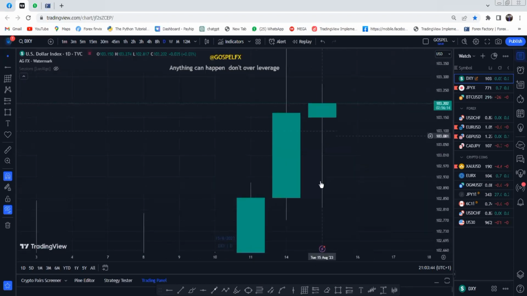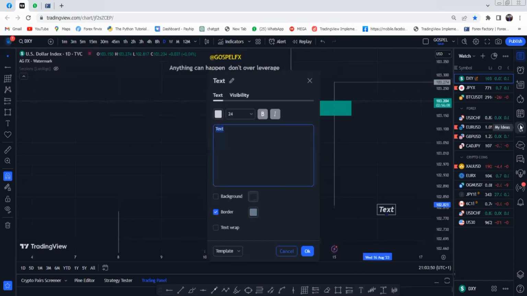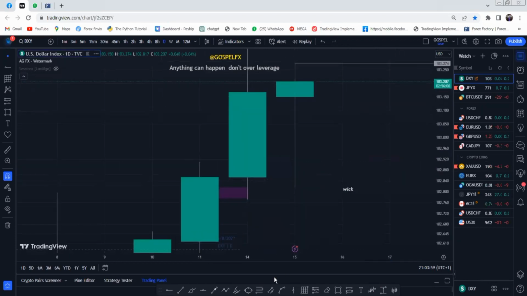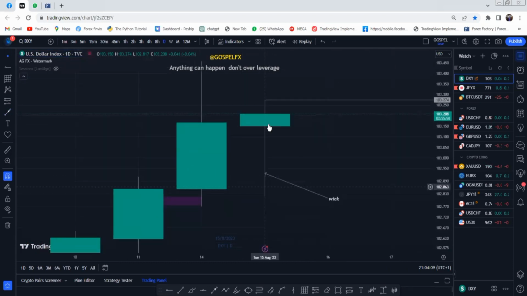Now you will see this white line here. It is called a wick. Let's make it a bit small. This is called a wick.